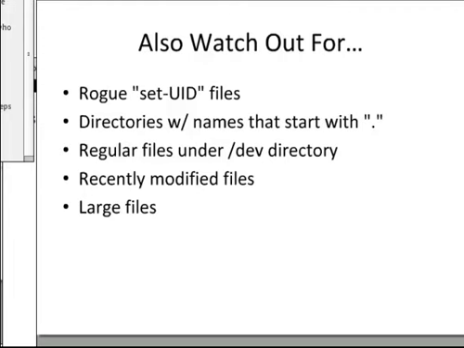So, some of the things that those cheat sheets look for are listed on this slide, like setuid and setgid files that didn't exist before, or programs that have been set to setuid or setgid that weren't previously. The setuid mechanism in Linux allows elevated privileges.